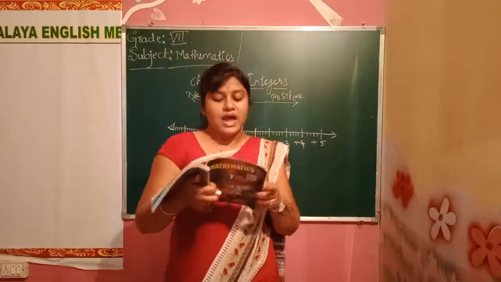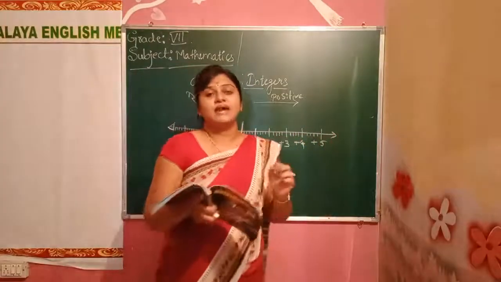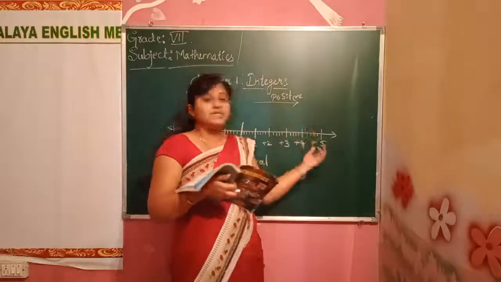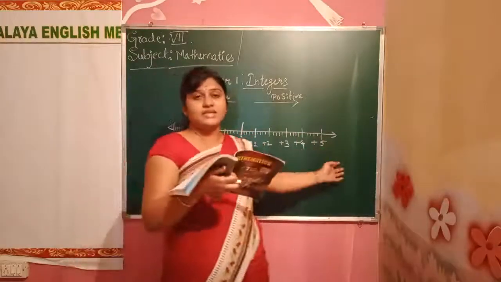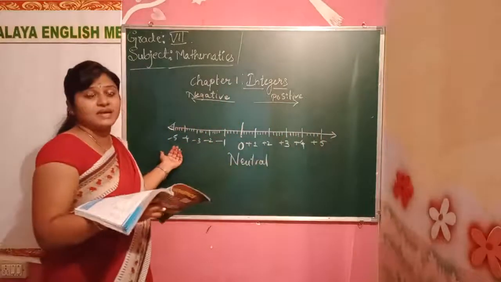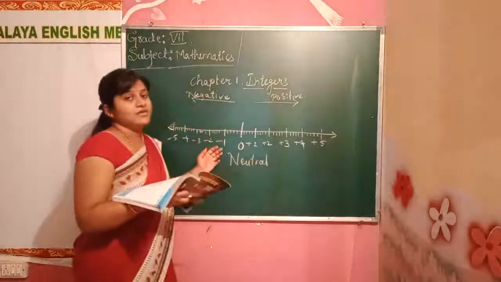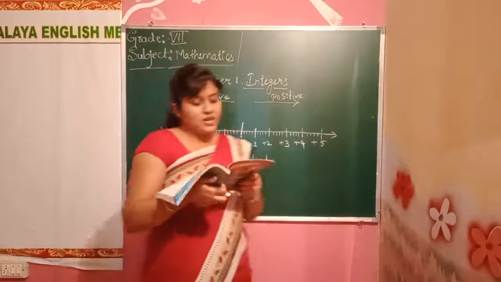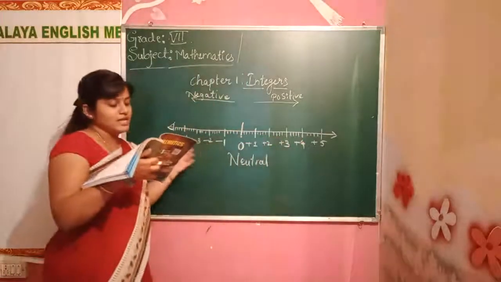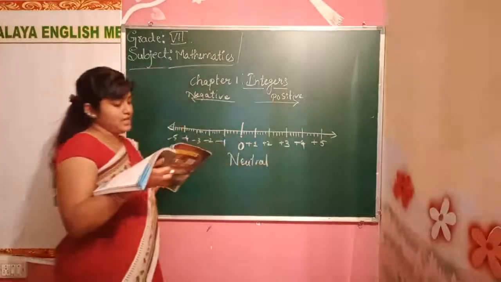On the number line, when we add a positive integer, we move to the right side. When we add a negative integer, we move to the left side. When we subtract a positive integer, we move to the left side.